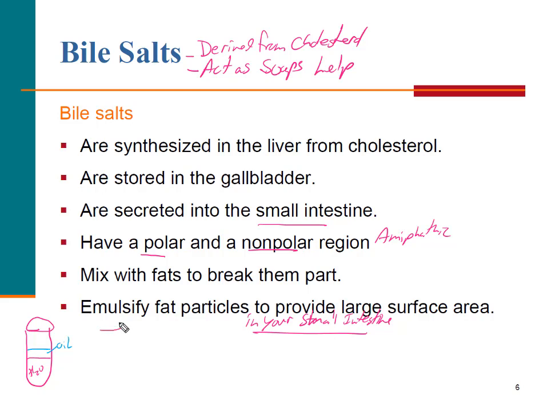What I want to do here is just explain what we mean by emulsify. We're going to have the same thing. We're going to have the oil, we're going to have the water, but in addition to that, we'll add some soap. Some soap or some surfactant, a detergent, a surface active agent.